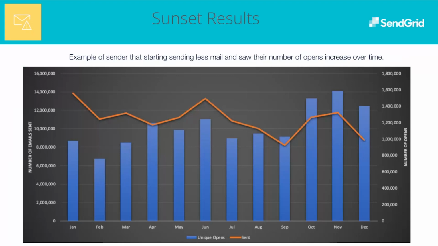In that same time period, the number of unique opens went from about 1 million to 1.4 million. So even though the number of emails deploying declined, the number of unique opens improved. I know that's interesting to wrap your head around, that sending fewer emails results in more opens, but when you improve your sender reputation, that's exactly what happens.